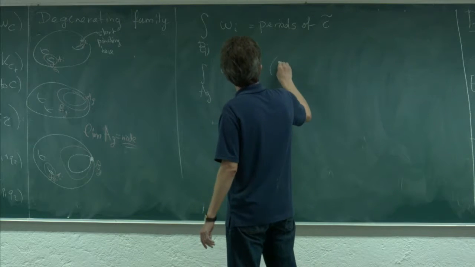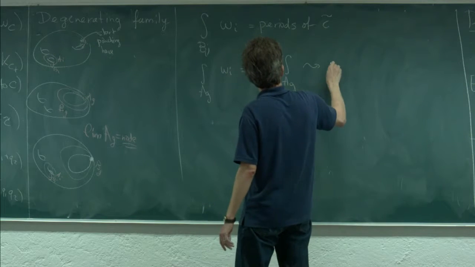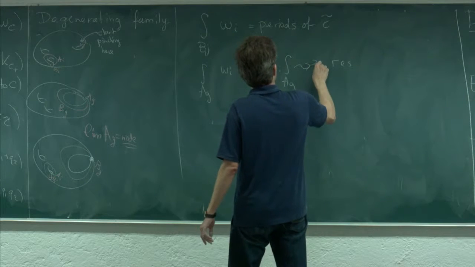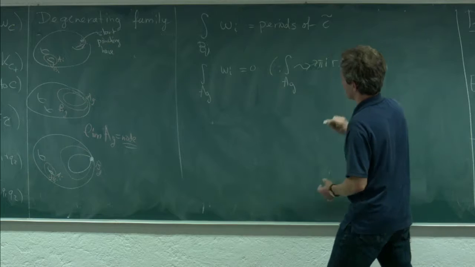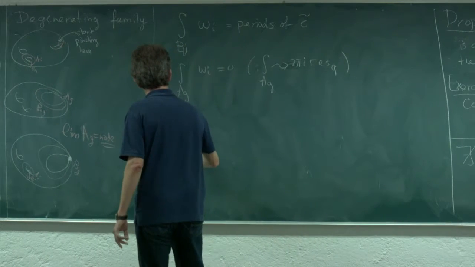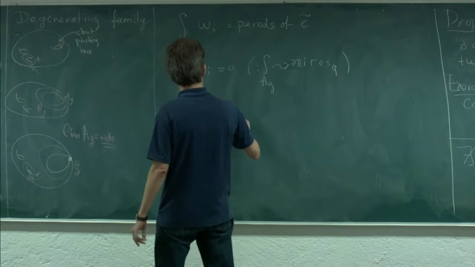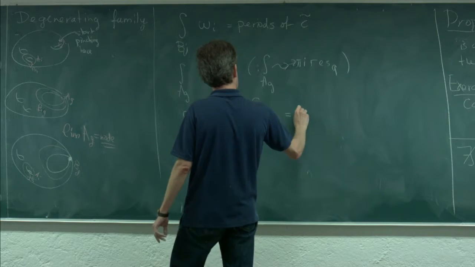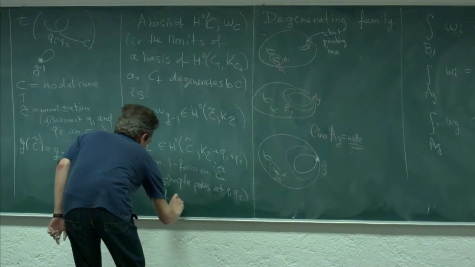So the integral over A_g of omega_g tends to computing 2 pi i times the residue at the node, which tells you that the integral over A_g of omega_g tends to the integral over A_g of this one form, which I can normalize to be of residue 1.